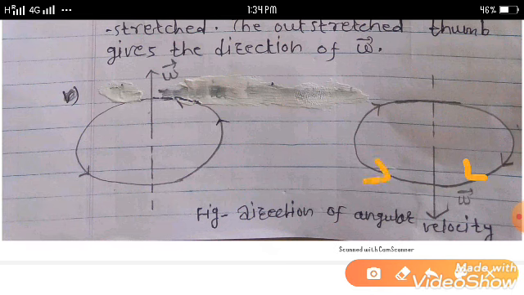The curled fingers indicate the sense of rotation, and the thumb gives the direction of angular velocity. In this way we can find the direction of angular velocity.